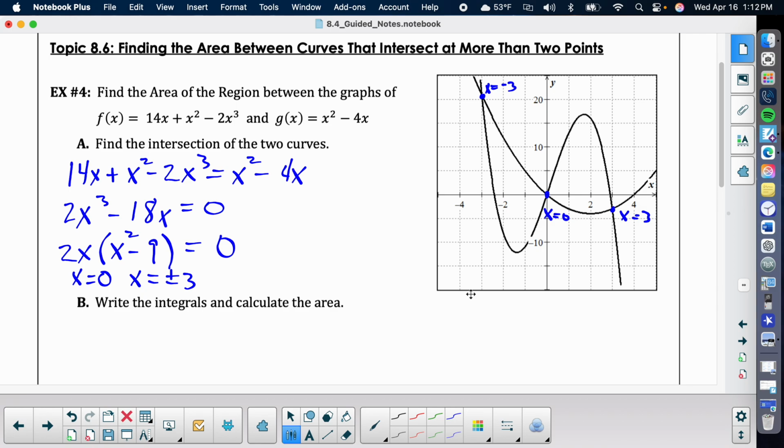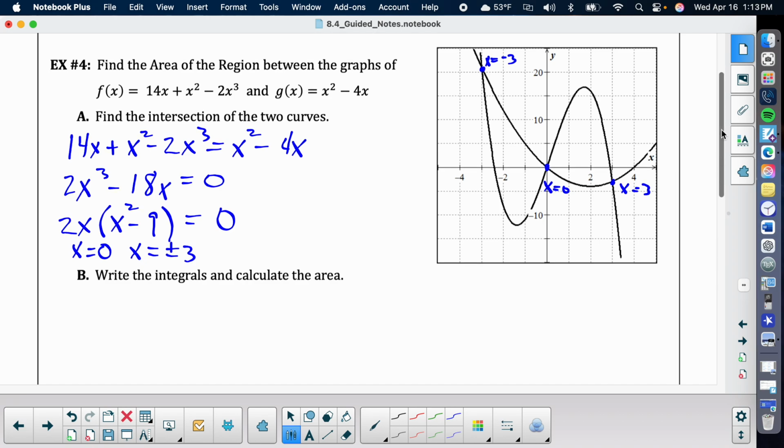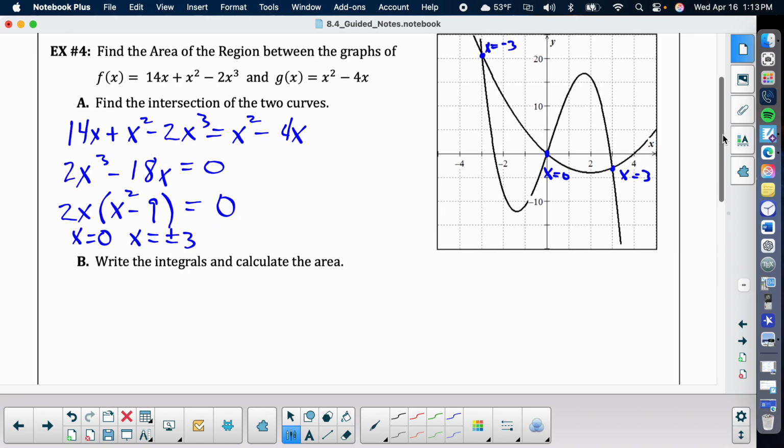Is this where we were? I feel like when I got cut off, it was right in the middle of solving them. I don't think we started the integration, or did we write the integral? Okay, so we wrote this out and then we hadn't put it in the calculator yet. That's right. The first one was -3 to 0.